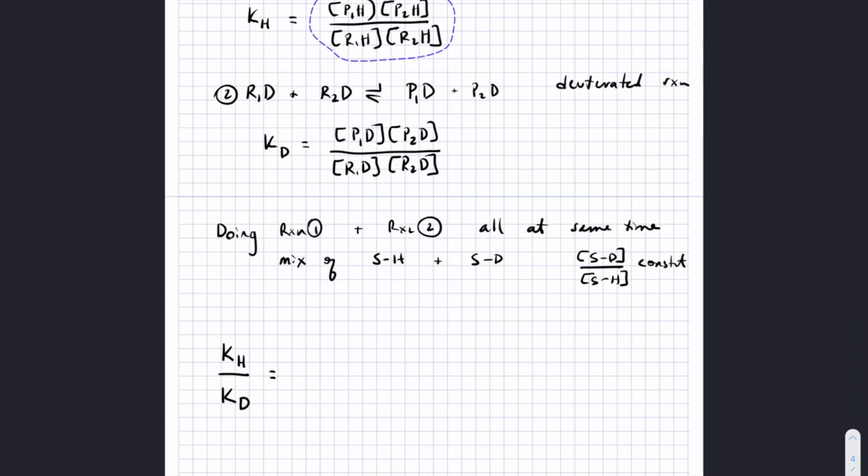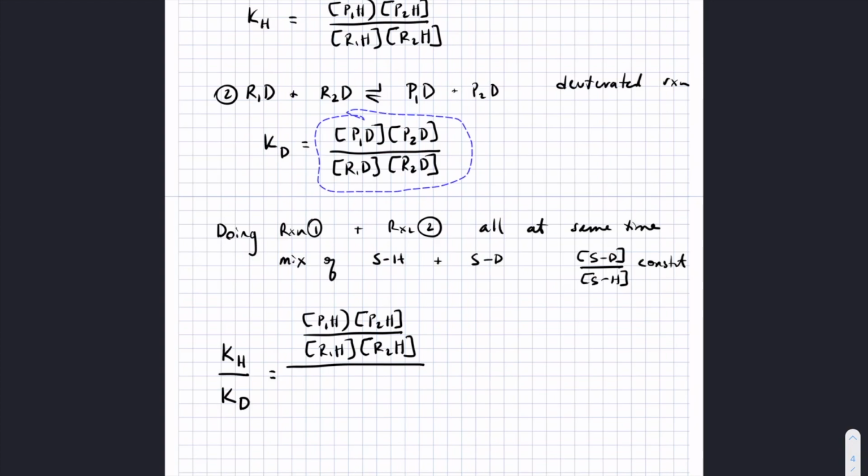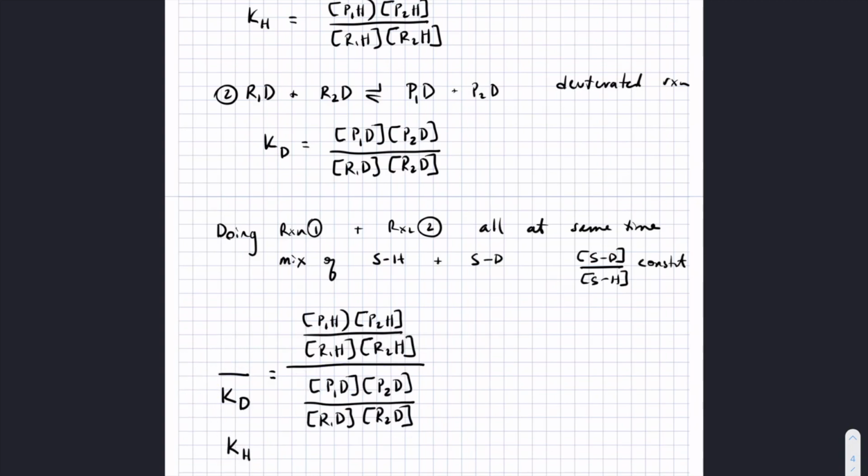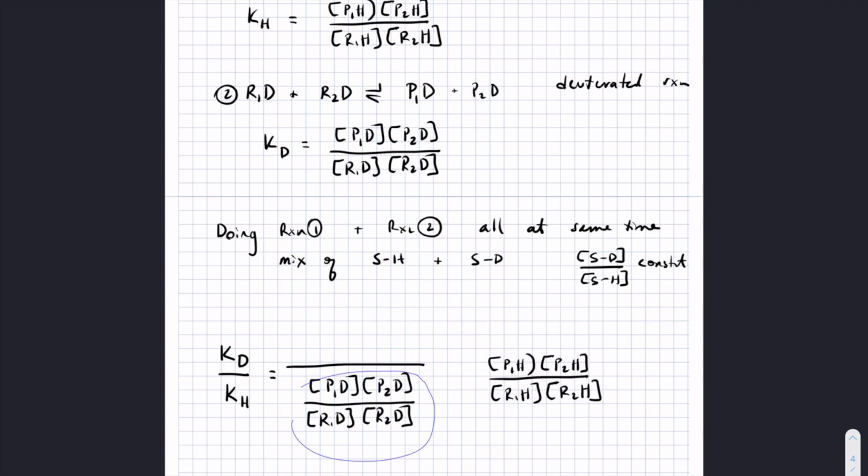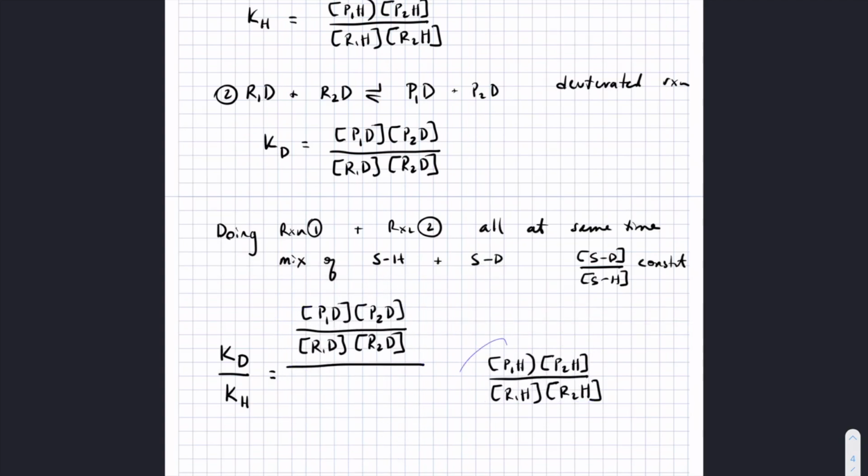That equilibrium constant is equal to that ratio divided by this for the protiated case. Alternatively, if I want, I can make this the ratio of the deuterated equilibrium constant versus the protiated one. We're choosing that for a reason that you will hopefully see in a little bit.